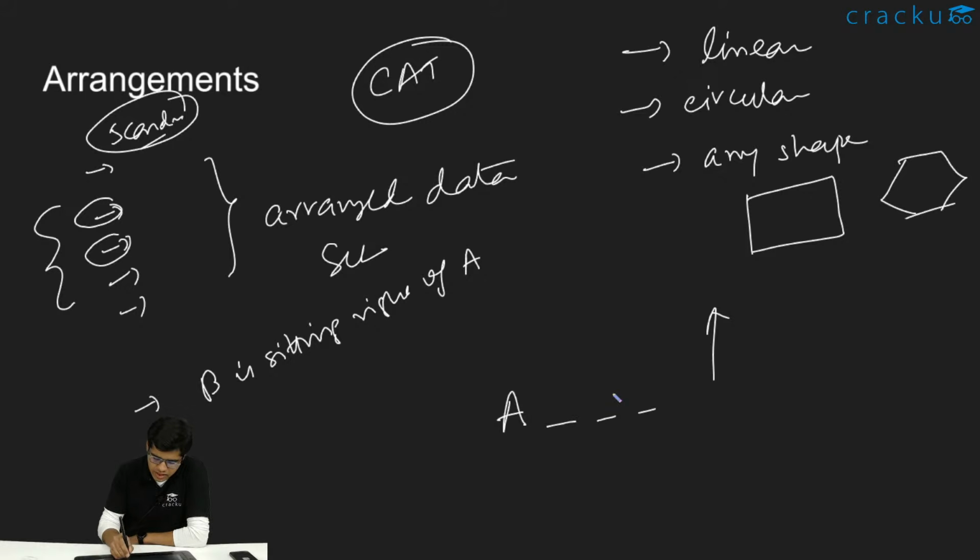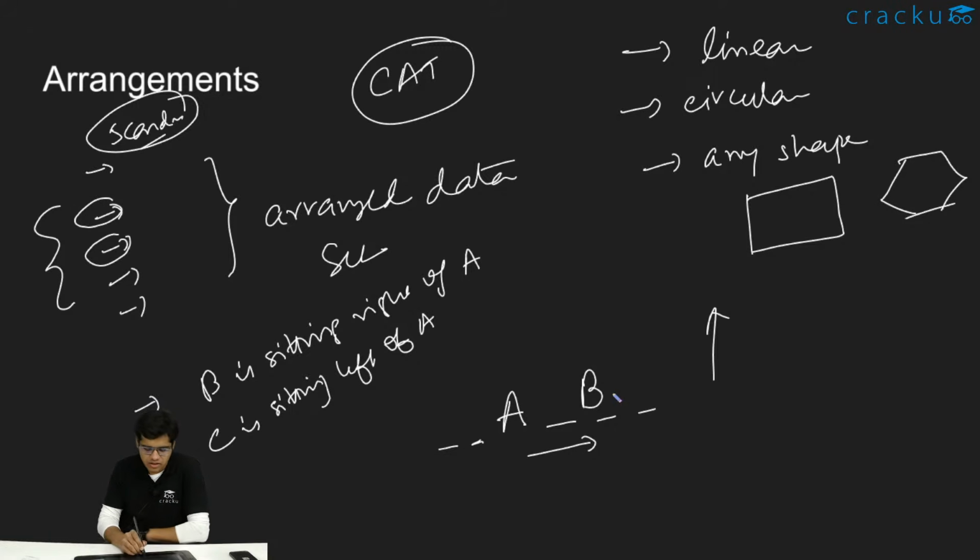That means B can be in any position right of A, right? Similarly, if I tell that a person C is sitting left of A, that means here is A and C is sitting towards the left, right?